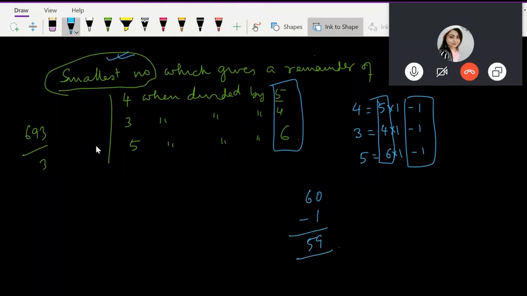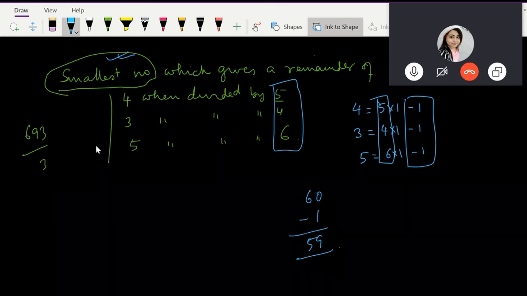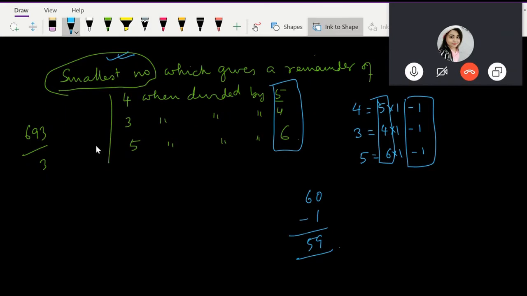So you understand the concept of negative remainder, why it is so important? Because in competitive exams, you will definitely get questions like these, either in terms of powers of numbers or LCM like this, where you have to use the concept of negative remainder.